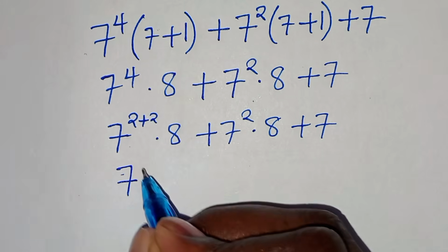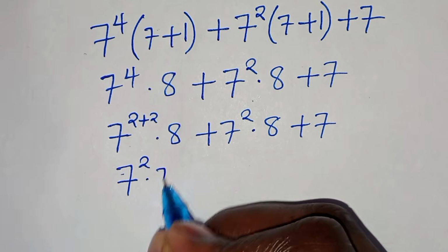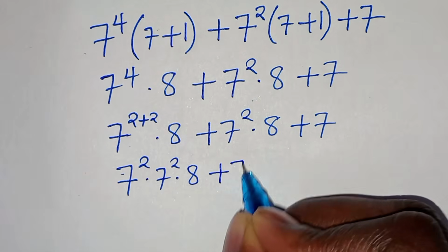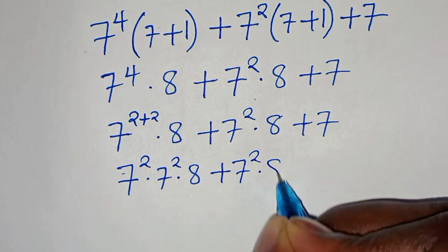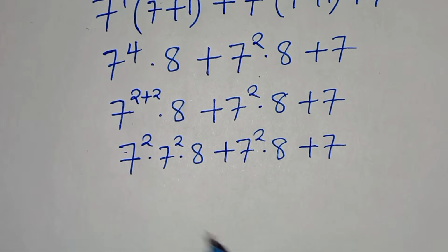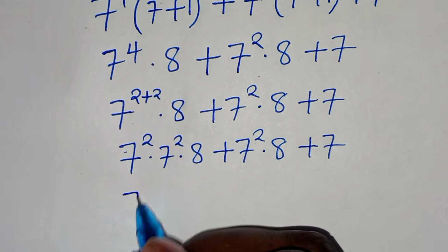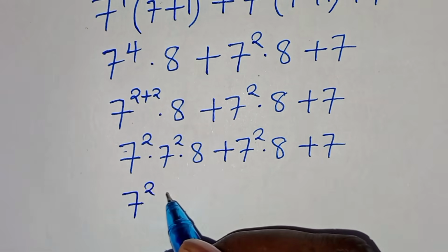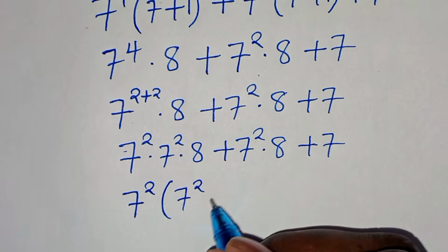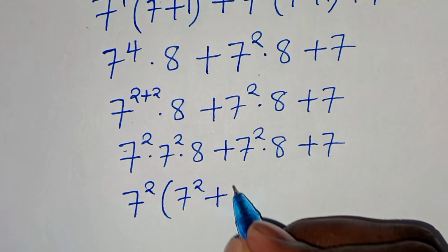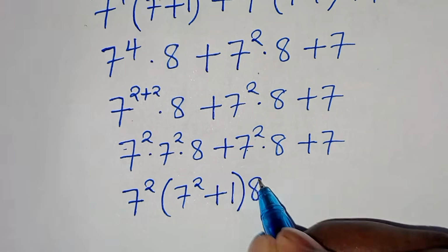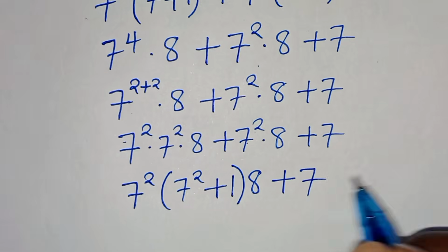This is the same thing as 7 to the power of 2 times 7 to the power of 2 times 8, then plus 7 to the power of 2 times 8, then plus 7. Now, 7 to the power of 2 is common here, so we can factor out 7 to the power of 2 into the parentheses. This is 7 to the power of 2, then plus 1, but 8 is also common, so this multiplied by 8, then plus 7.